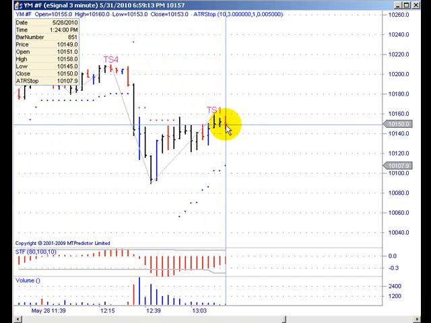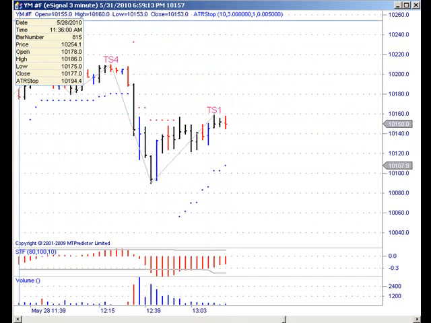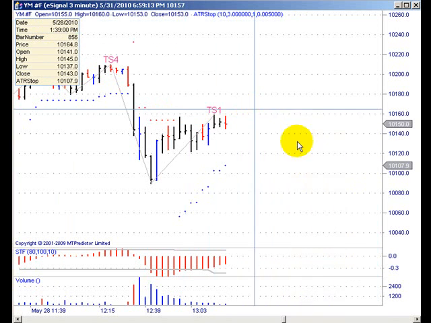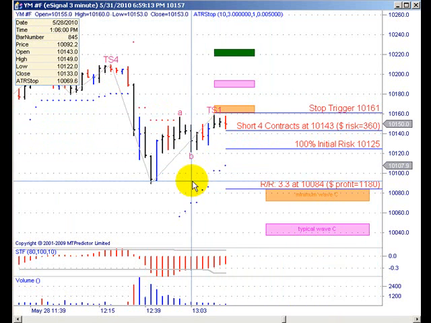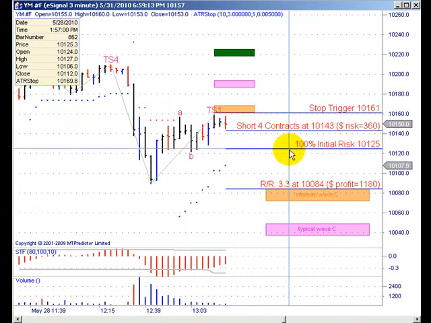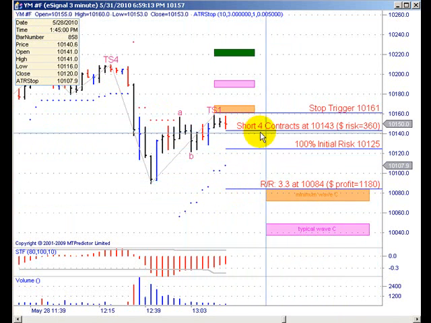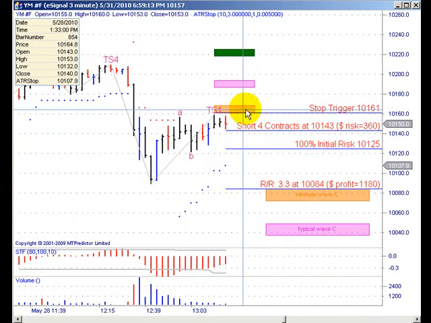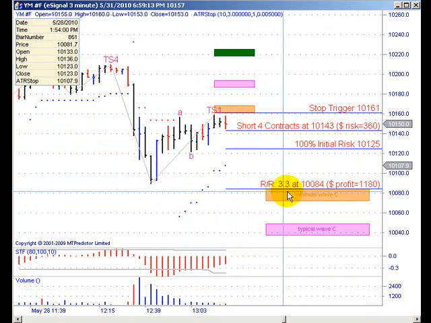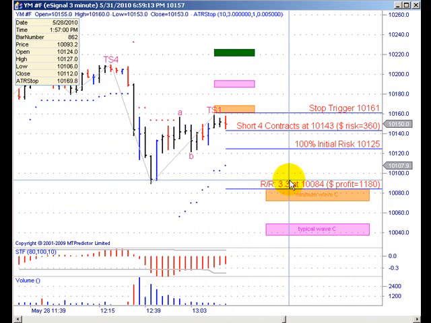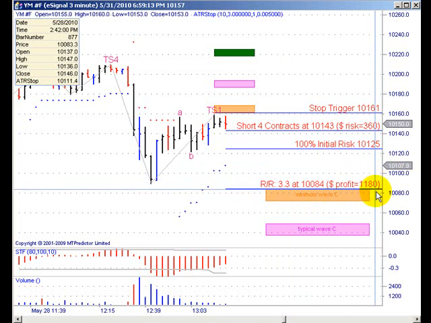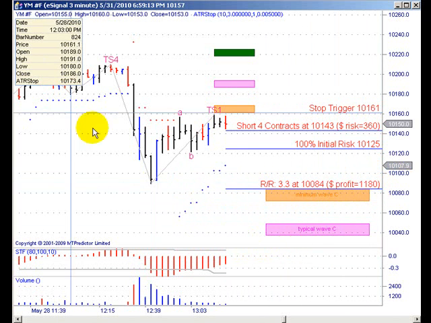Here's our first red reversal bar. So we can set up our new trade again with the trend. And this one's telling us we can short 4 contracts at 10,143. Again, we're in this minimum wave C resistance area, and our target is down here of 3.3 to 1 risk to reward, with another potential profit here of $1,180.